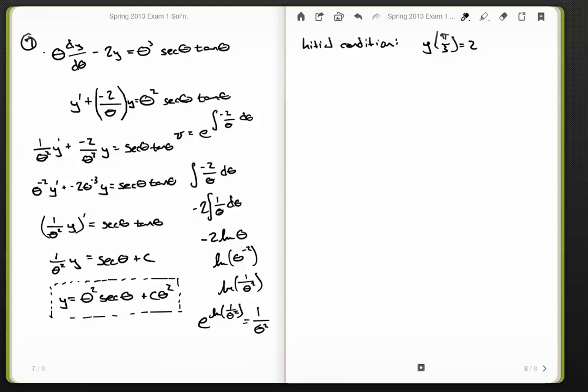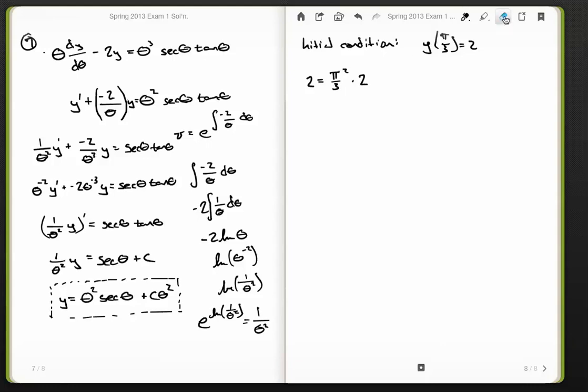So when I plug this in here, I know that y, the 2, has to equal theta squared, which is, well, what a hassle that is, pi over 3 squared, times the secant of pi over 3. The secant of pi over 3 is 1 over the cosine. The cosine of pi over 3 is 1/2, so that's nice. That's just a 2.